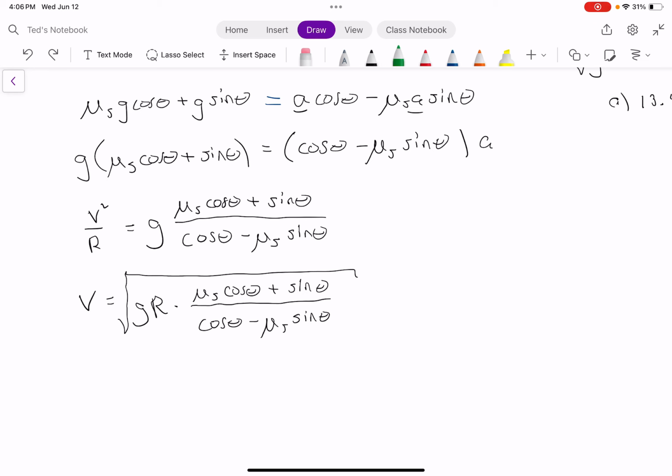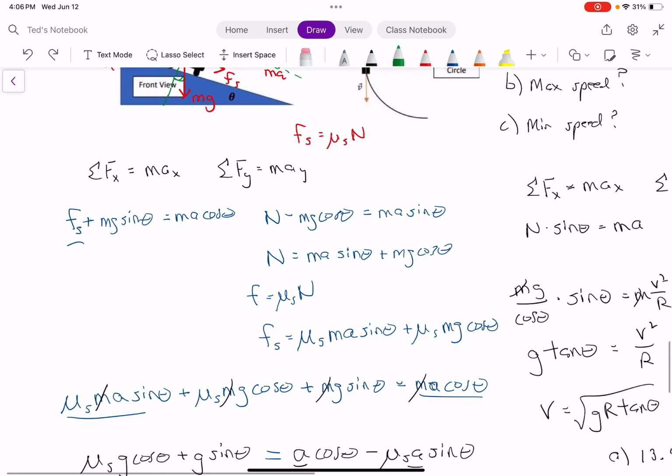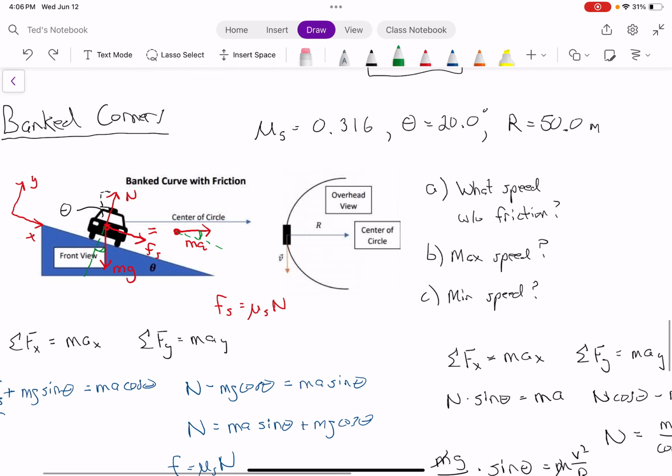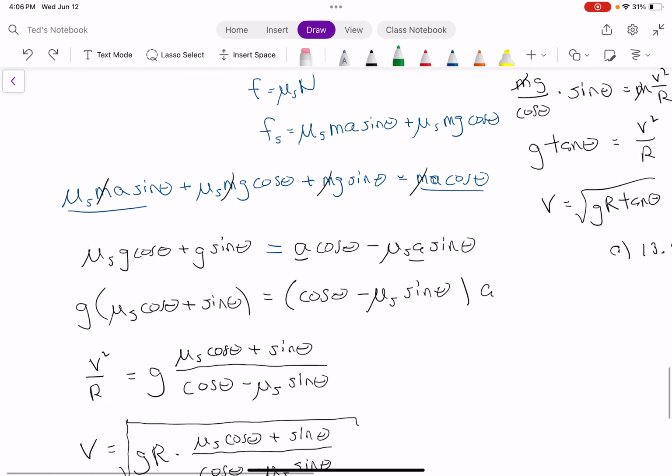So let's see what we get for the velocity. g is 9.81, r is 50 meters, mu is 0.316, and theta is 20.